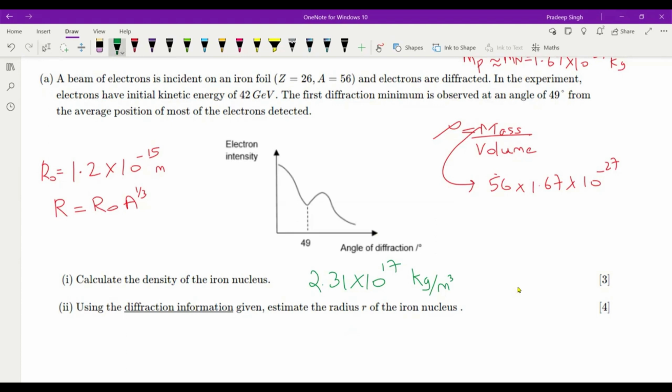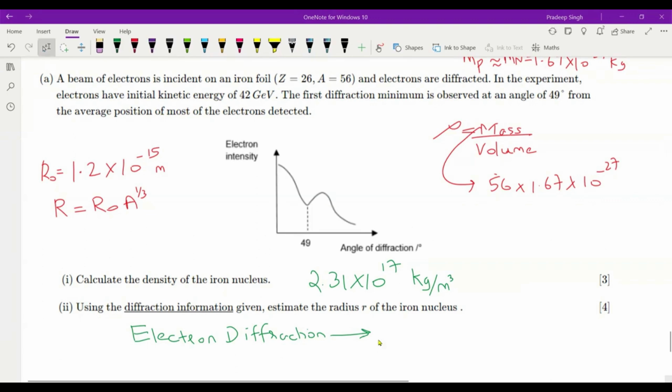Just a small hint, in the notes, we had done something called an electron diffraction formula. Does anyone recall the formula? And Anishka, does it have something to do with sine theta?